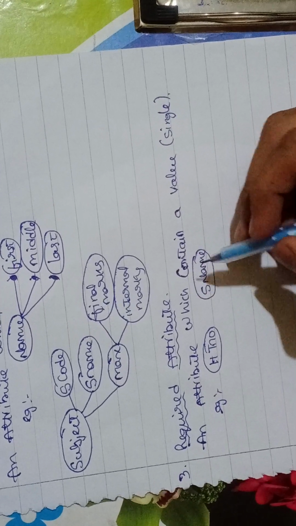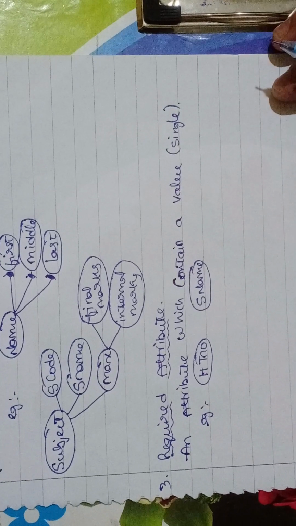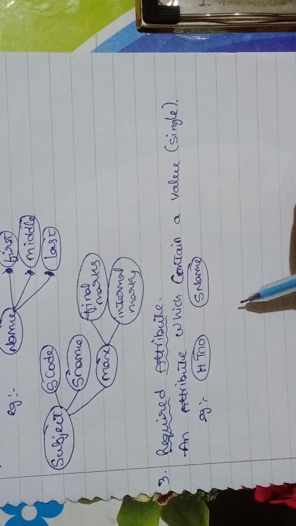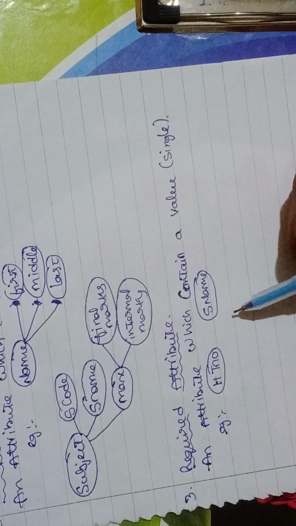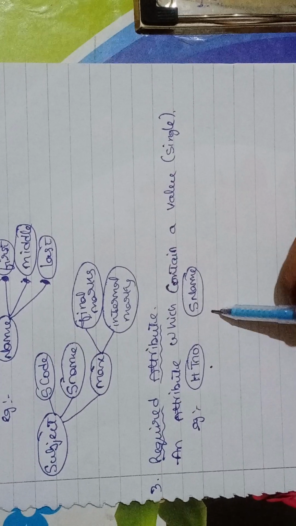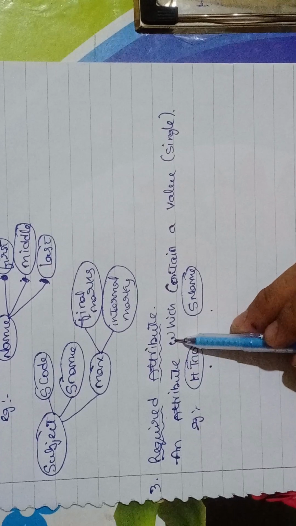Here hall ticket number means only one number, it is single, or name. Example, you can take your hall ticket number or your name. This is the required attribute.